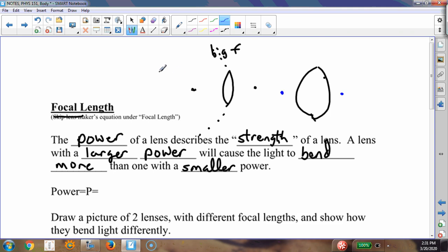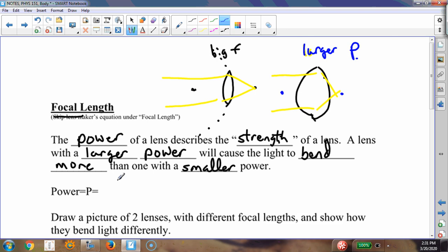If I have light rays coming in parallel to one another, they're going to focus at that point. But here, they focus at that point. So this lens right here has the bigger power because it's caused the light to bend more.